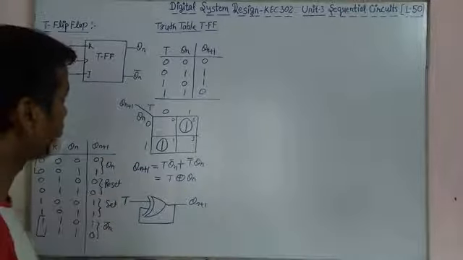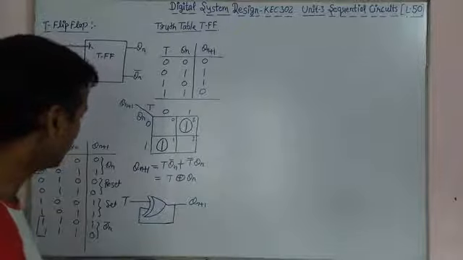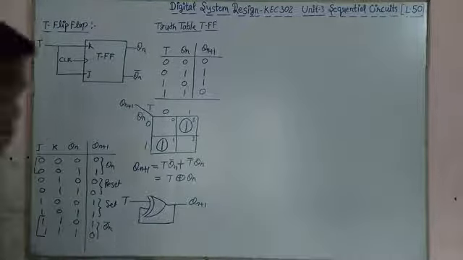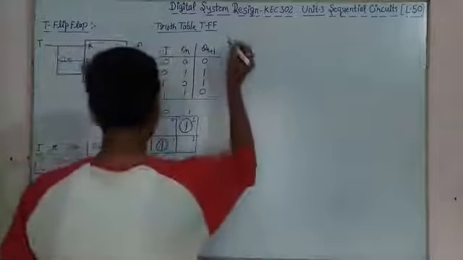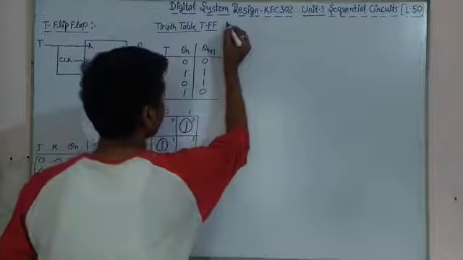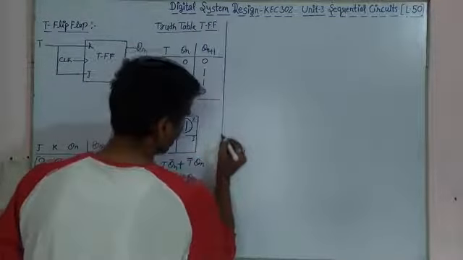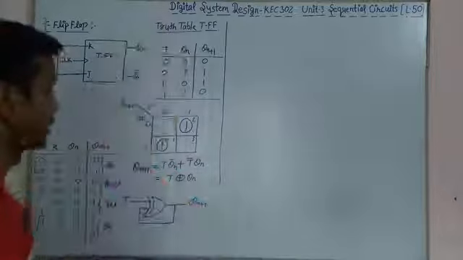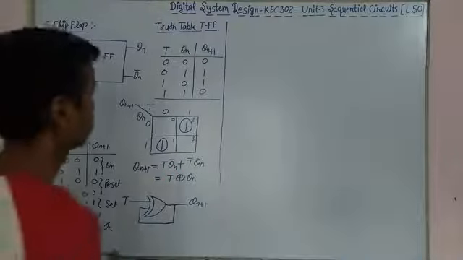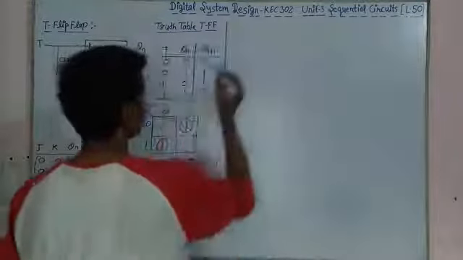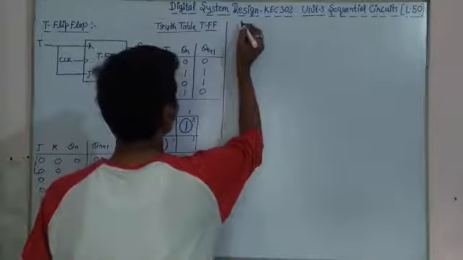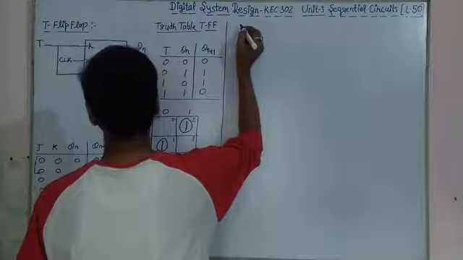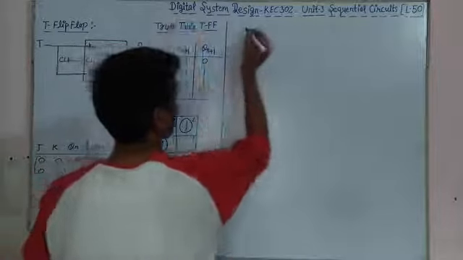Okay, so now if I ask you what will be the excitation table for this T flip flop, can you try to make a truth table, try to make an excitation table with the help of this truth table.